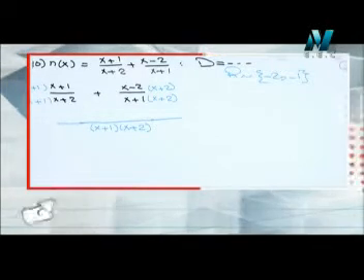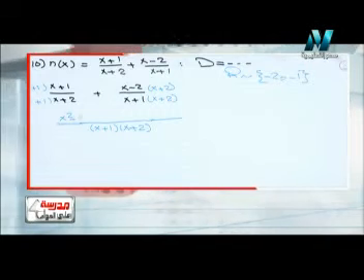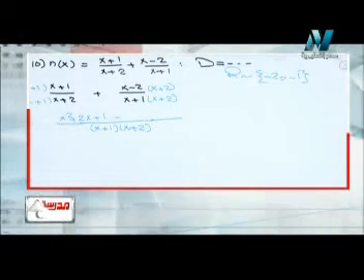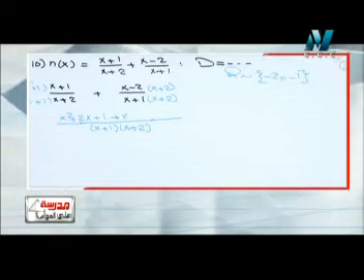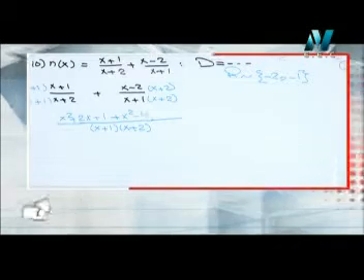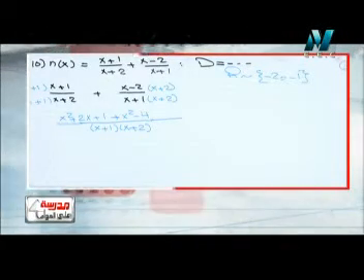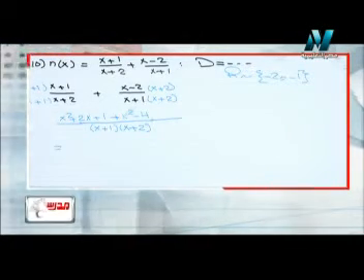For the first numerator, x plus 1 times x plus 1, which is x power 2 plus 2x plus 1, which is a perfect square, plus x minus 2 times x plus 2, which is the difference of two squares, and the answer is x power 2 minus 4. طيب, let's add the like terms, and we have like terms as x power 2 and x power 2.